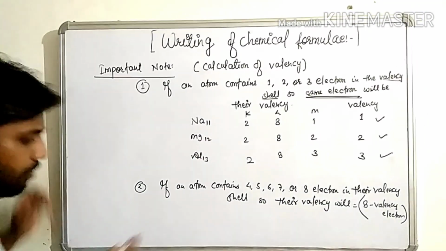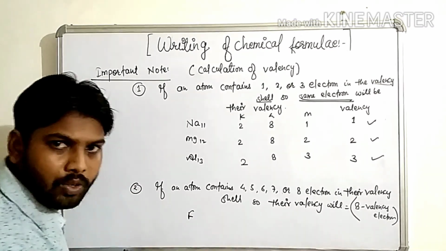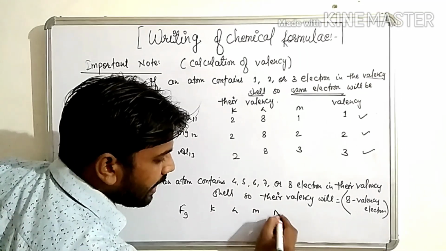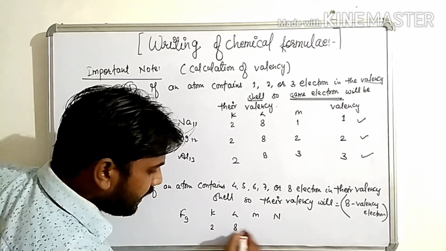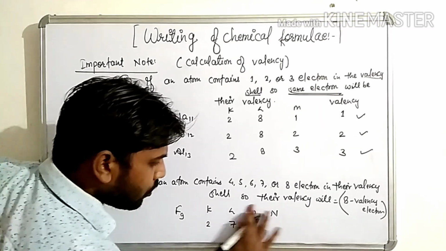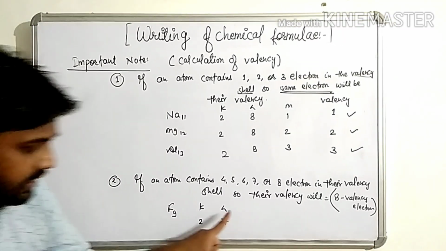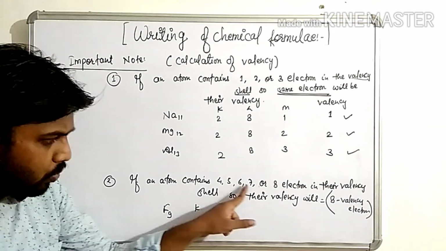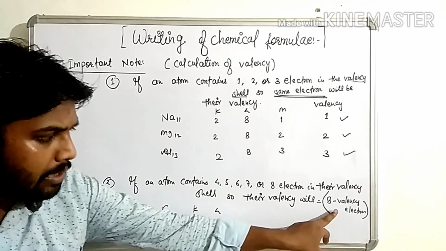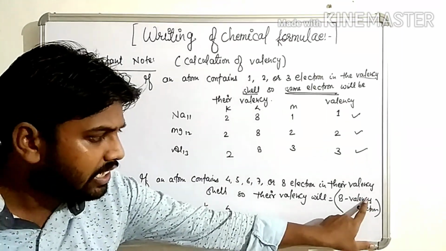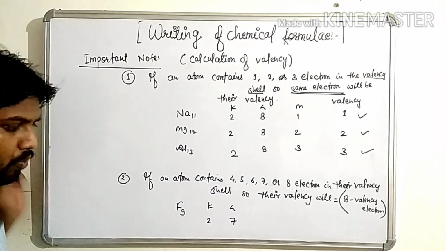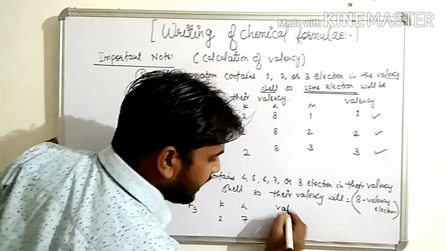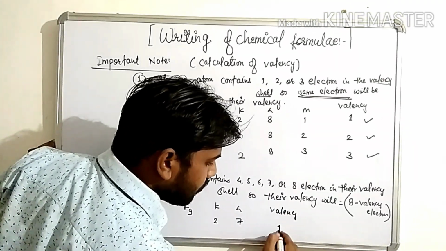For example, fluorine, atomic number 9, K, L: 2, 7. The last shell contains 7 electrons, so we subtract 7 from 8 and the valency will be 1.